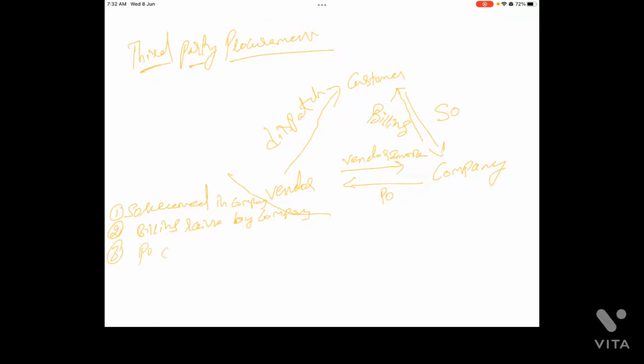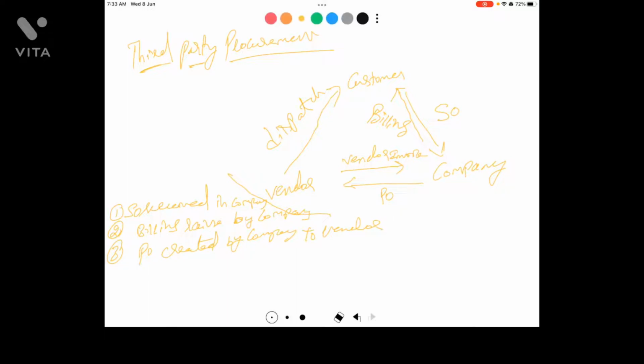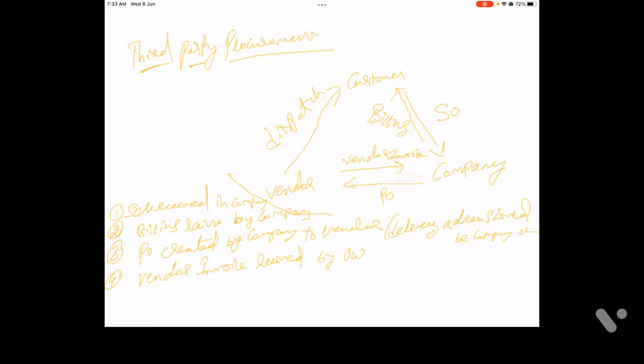The third point is the PO is created by the company to the vendor, and we request that the delivery address should be the customer address, not the company address, right? And the vendor invoice is issued to our company, right? Now the vendor dispatches directly, and it goes to the customer.